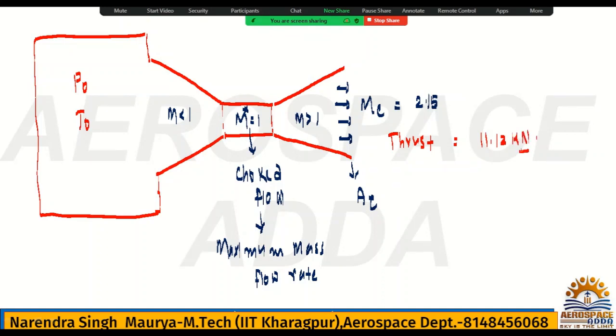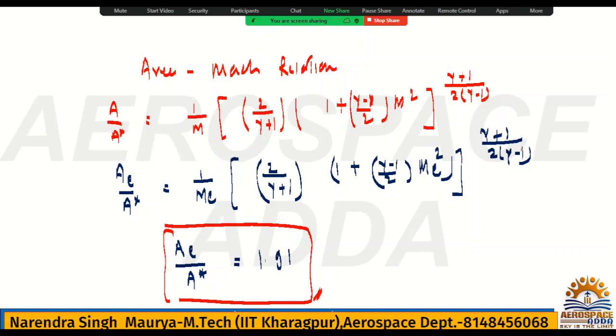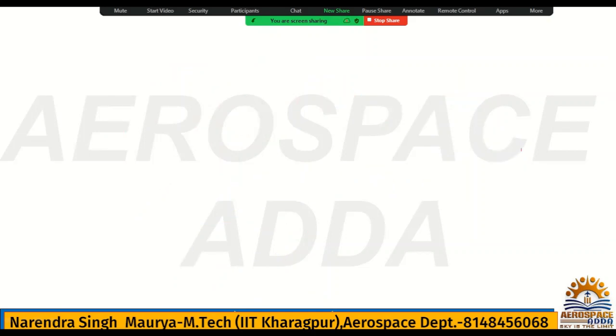We will use this, yes or no? I had told you how to calculate the exit velocity. If you know the exit velocity, then the thrust will be easy for you to calculate. So what is the exit velocity?